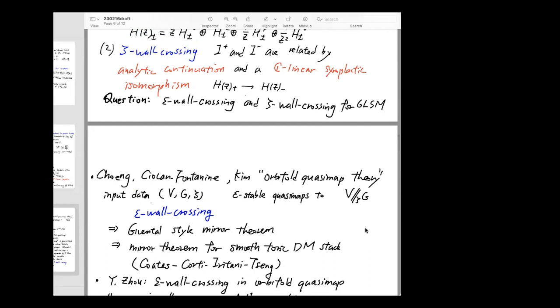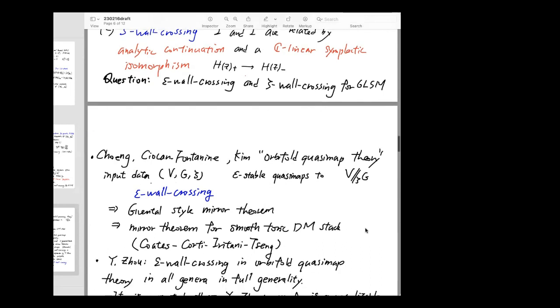Also Ciocan-Fontanine and Kim prove higher genus epsilon wall crossing when the target has a torus action with isolated fixed points, and also for complete intersections in projective spaces and so on.